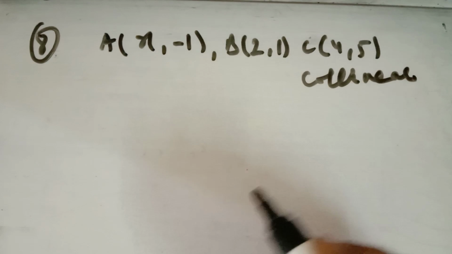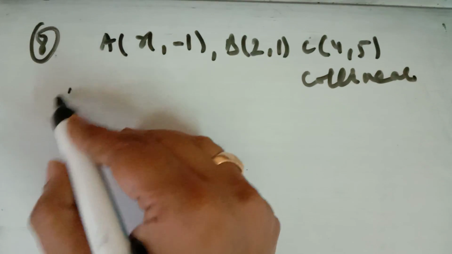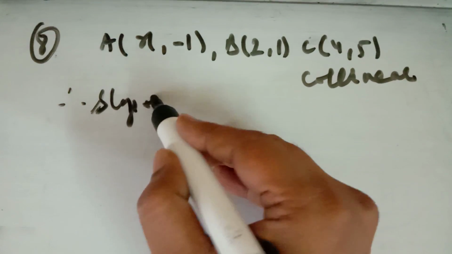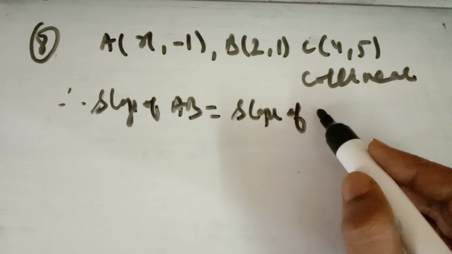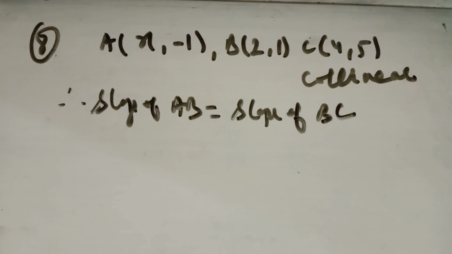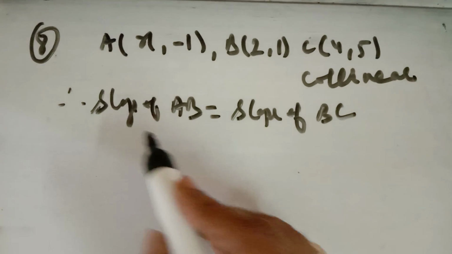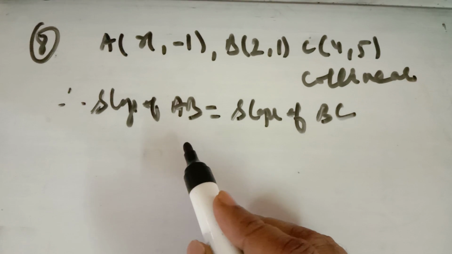Because these 3 points are collinear, you can use the concept of the area of the triangle, but you can also use the concept of the slope. Therefore the slope of AB will be equal to the slope of BC when the points are collinear. So you can easily put the slope of AB equal to the slope of BC, and you will get the value of x. You can use the concept of area of the triangle also.